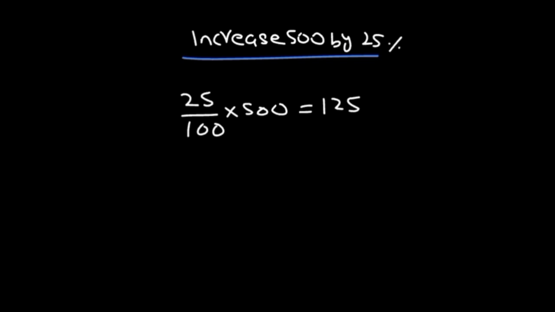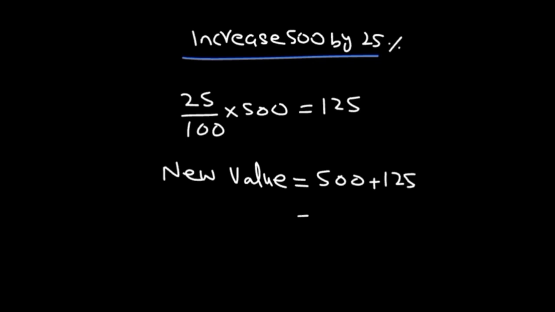So our new value, we have 500 plus 125. So it is equal to 625. So this is our answer.